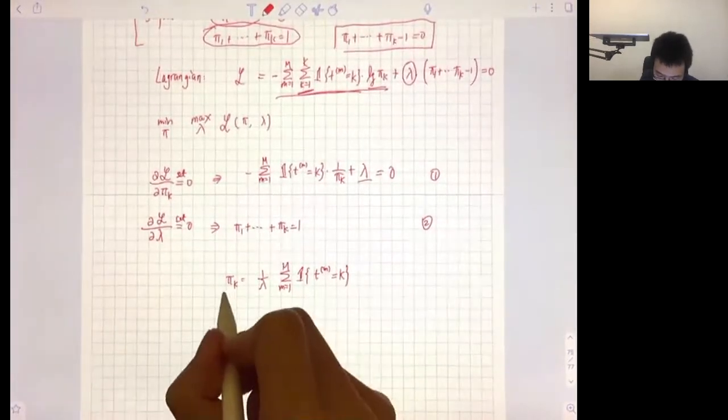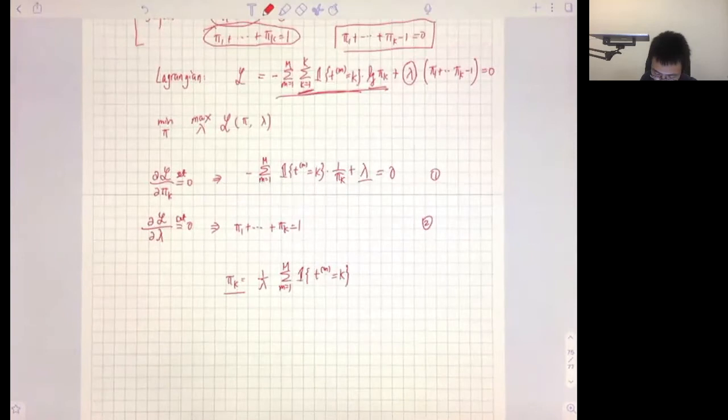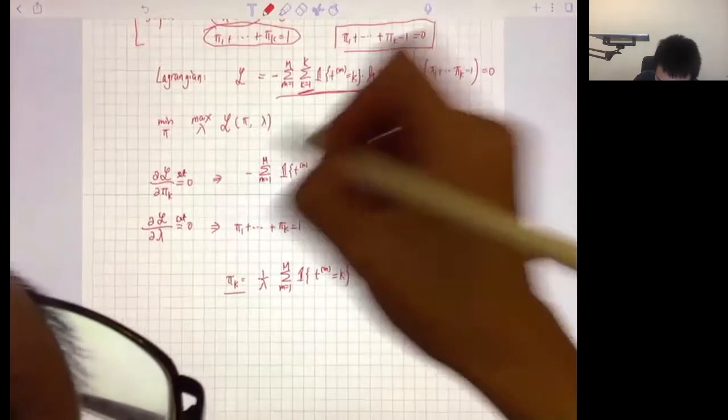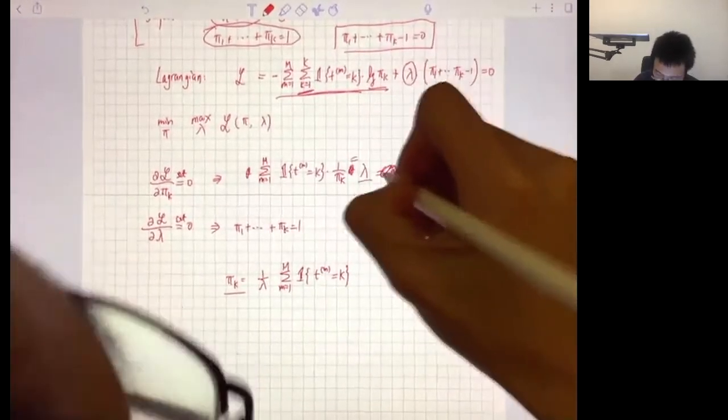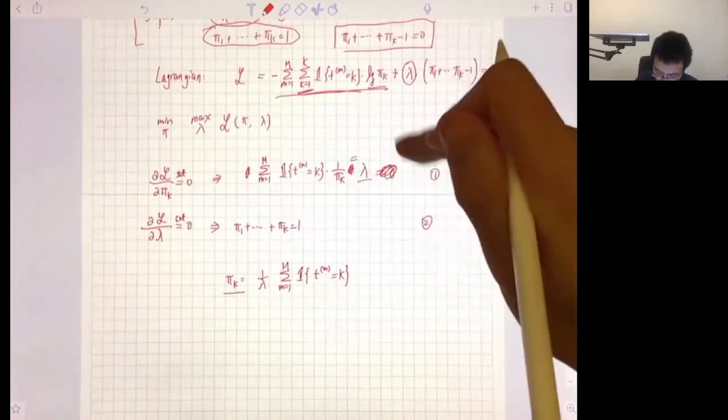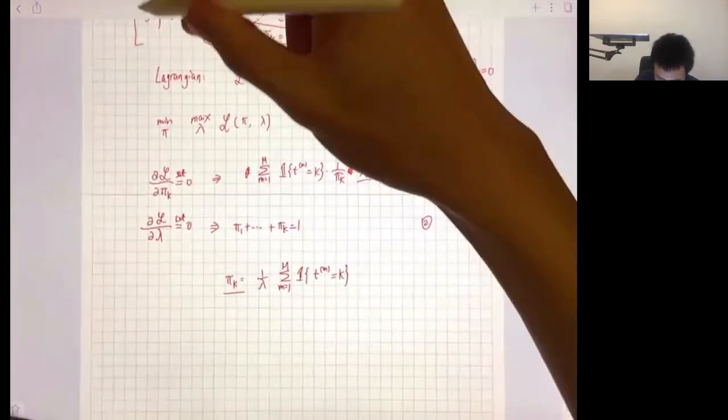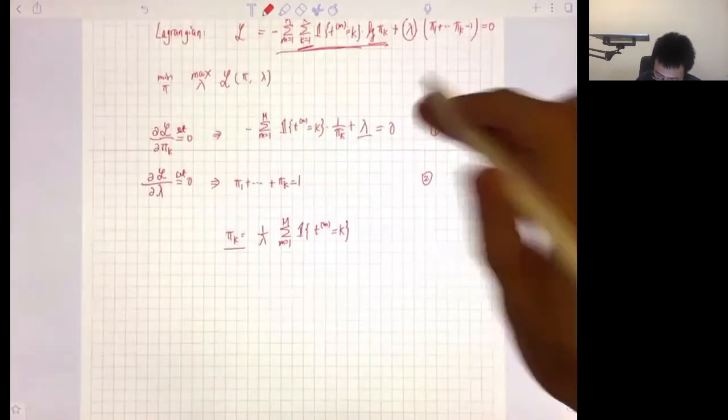This is my pi k, the same thing as here. Then pi k is 1 over lambda, so I think it's correct.